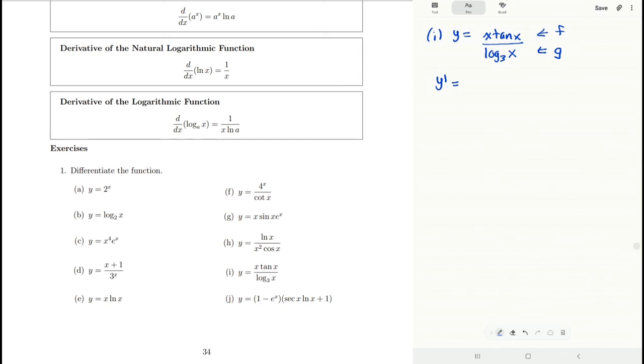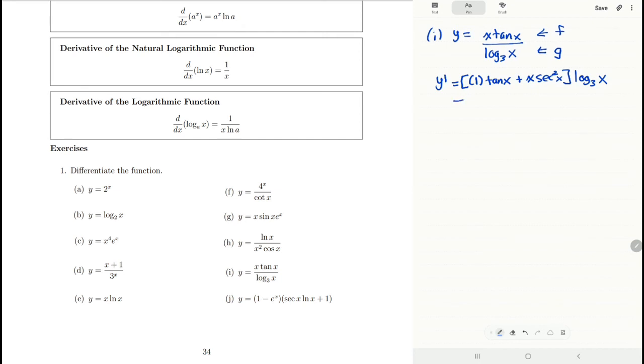So f prime is the derivative of x times the tangent of x. And so we need to use the product rule on x times tangent of x. So this would be 1 times the tangent of x plus x times the derivative of tan, which is secant squared of x. And this is multiplied by the log base 3 of x.